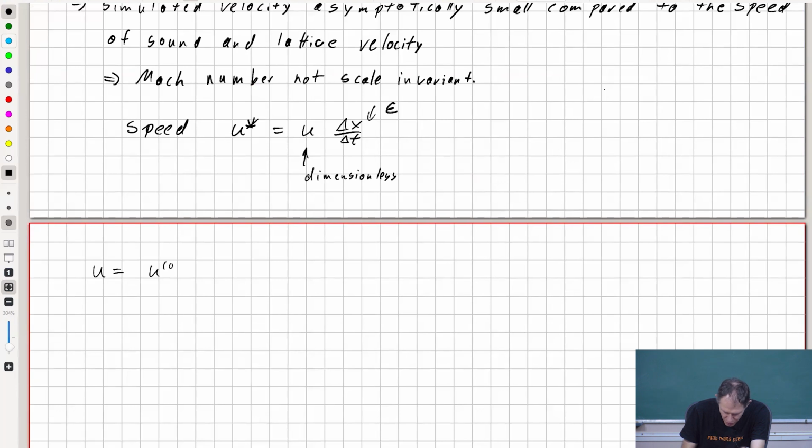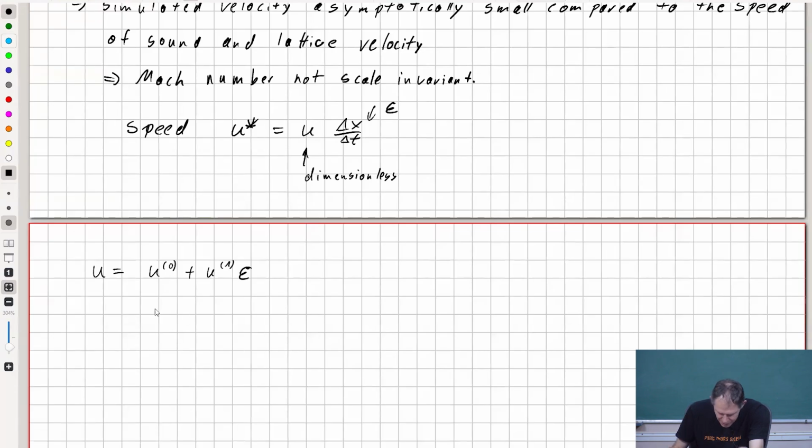There is a U of the 0 order plus a U of the first order. Now we see that this translation factor here, delta x by delta t, is already in epsilon.